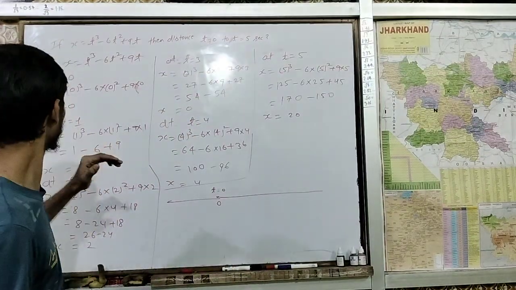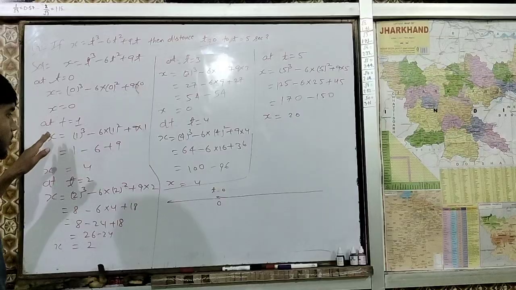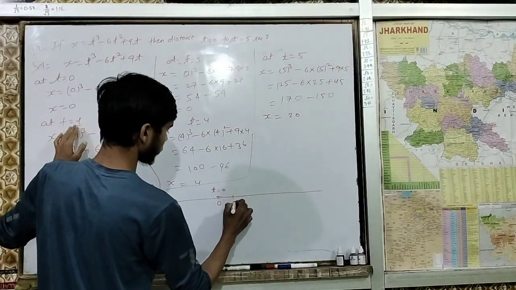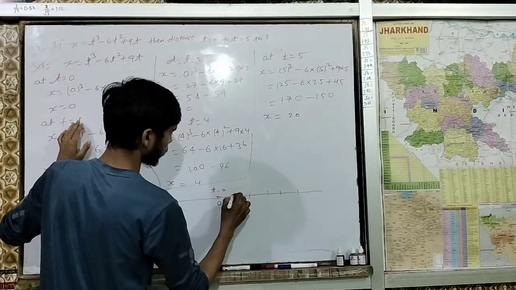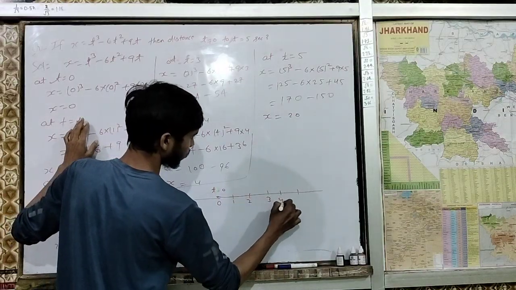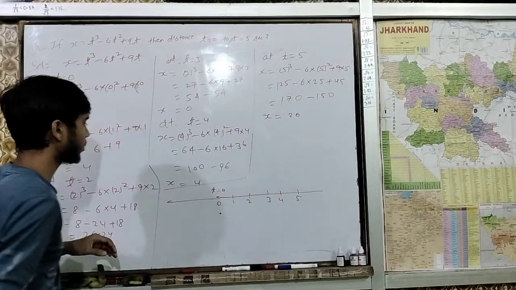Here next, t is equal to 1. This is 1 2 3 4 5. The initial point is over here.